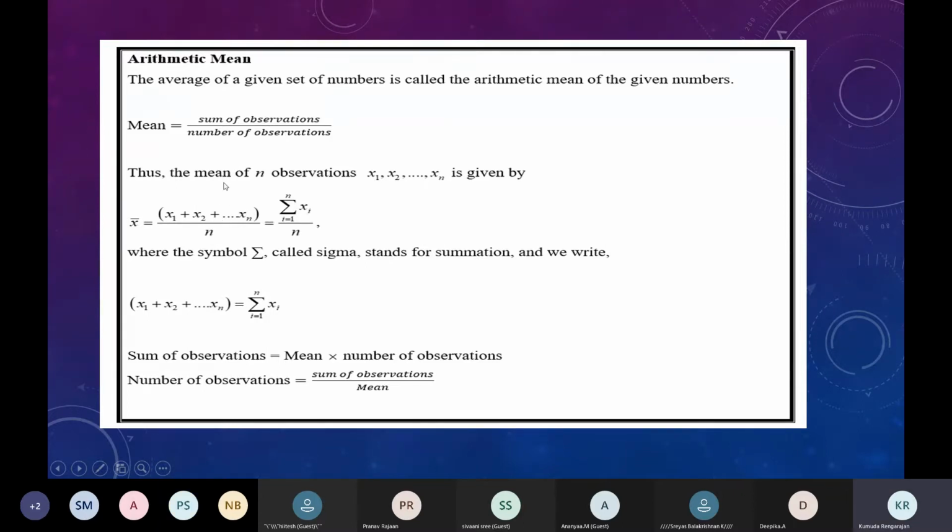Okay. So the sum of all the observations by the number of observations is mean. What is new to you is the symbolic way of writing mean. Mean is written like this and pronounced as x bar.